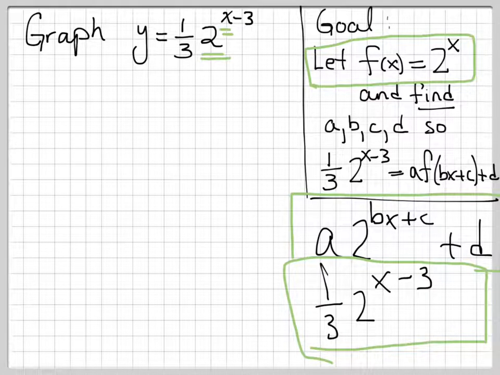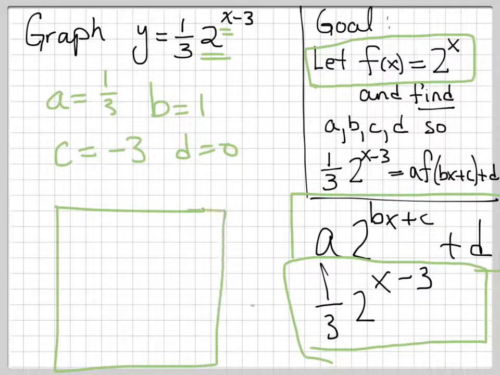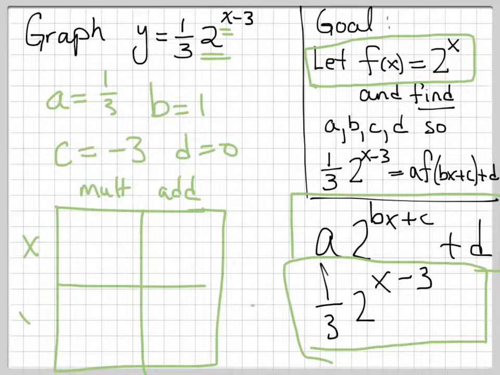Then it's really straightforward to see that the a has to be 1/3, the b is 1, the c is -3, and the d is 0, right, to make this work out. And so if we make the table, right, this is multiply, this is add, this is x, this is y.